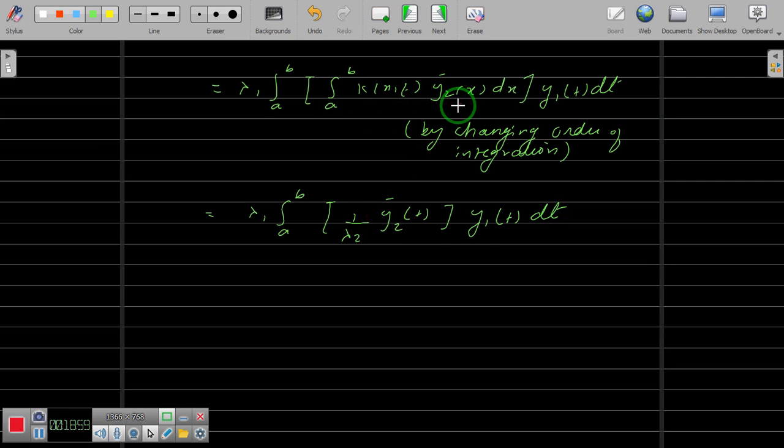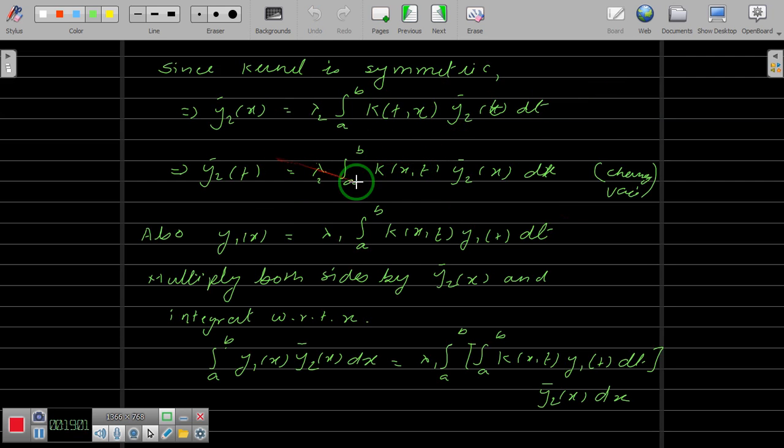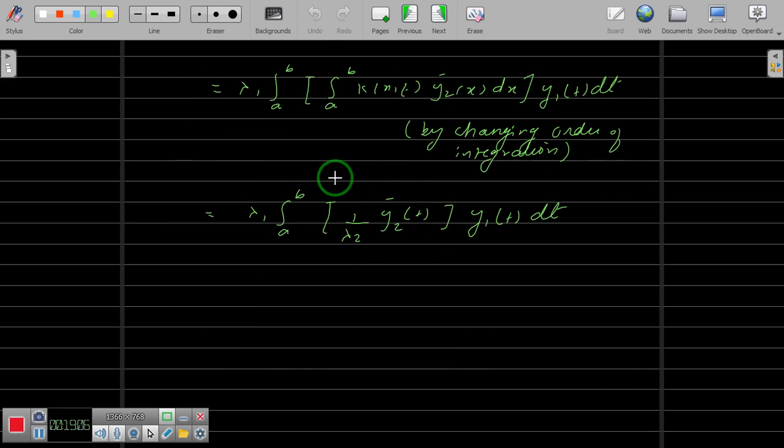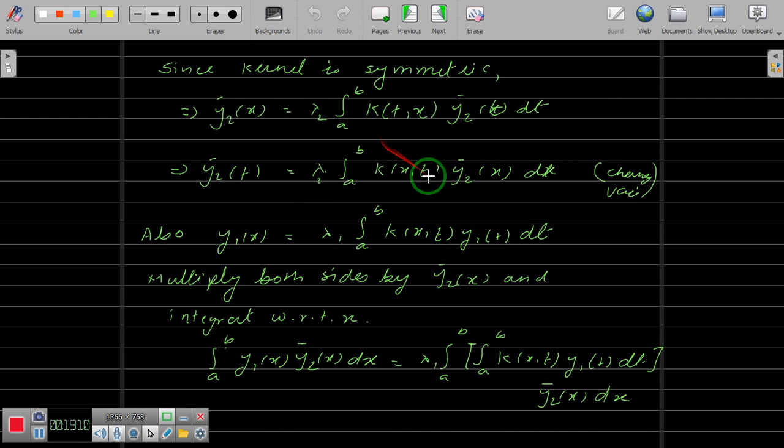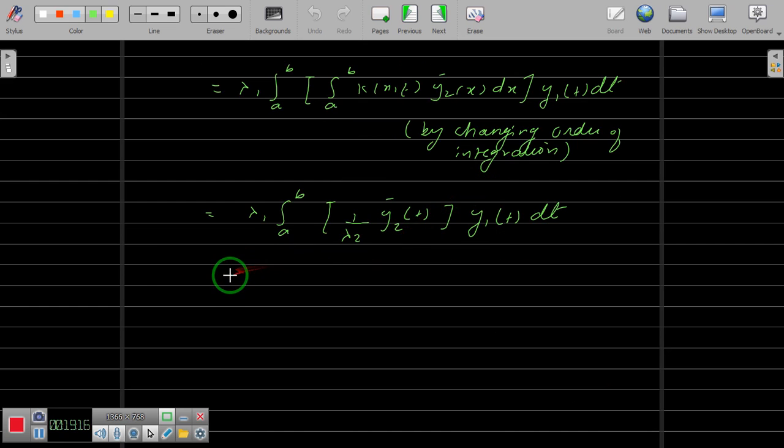Now when you see this bracket, the integral from a to b k(x, t) y2 bar of x dx is this, and you substitute over there, and this is the same as lambda 1 by lambda 2 integral a to b y1(t) y2 bar(t) dt.